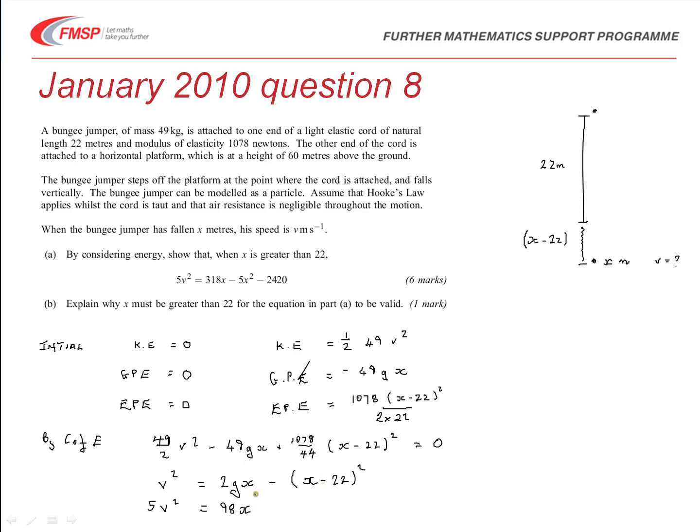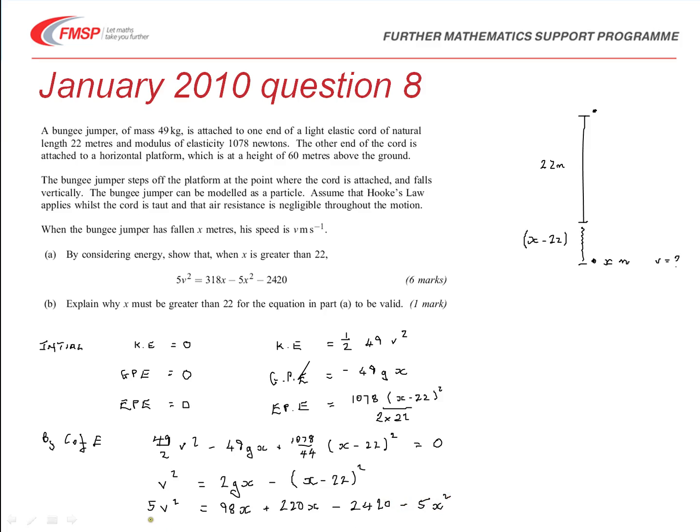And then from this other bracket we will get plus another 44x, which when multiplied by 5 is 220x, and then we've got 22 squared, which is 484, which when multiplied by 5 gives you a minus 2420, and then a minus 5x squared.